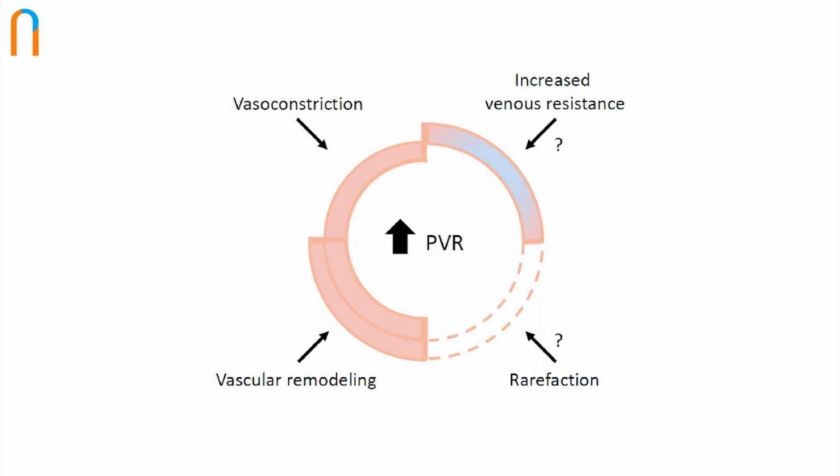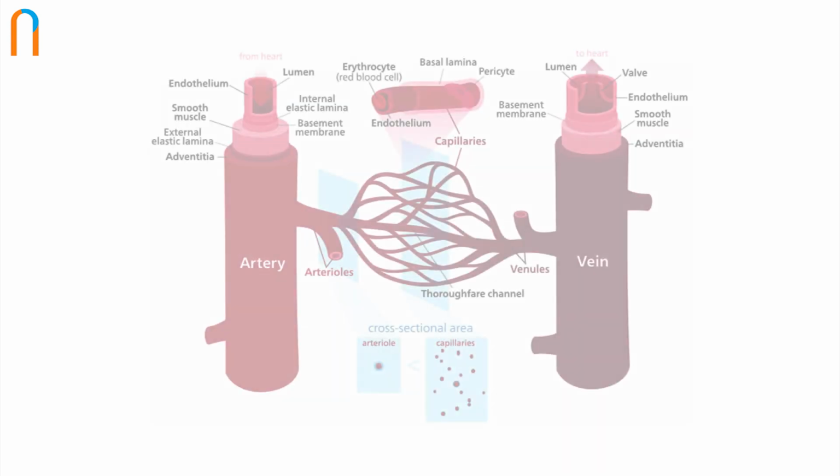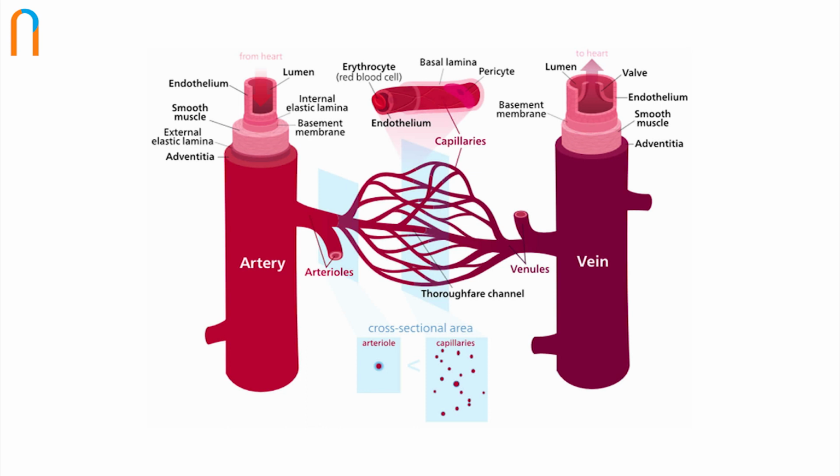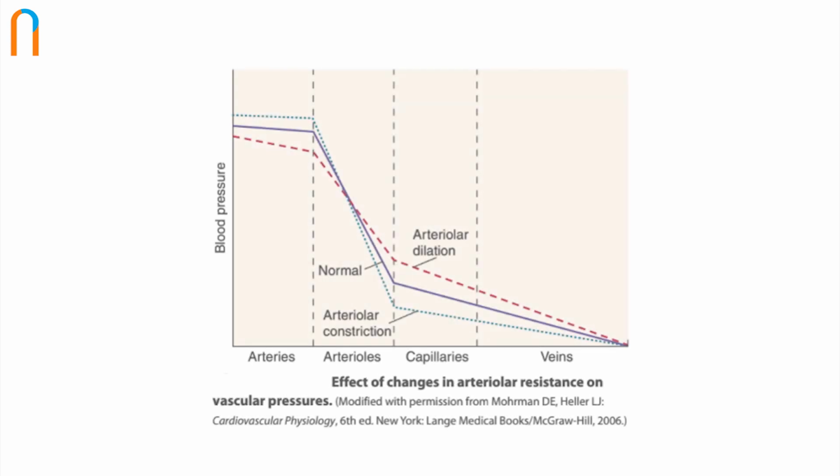When the arterioles of an organ change diameter, not only does the flow to the organ change, but the manner in which the pressures decrease within the organ is also modified. The effect of arteriolar dilatation and constriction on the pressure profile within a vascular bed is illustrated in the figure.